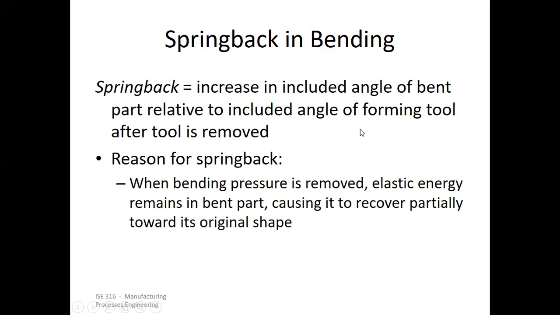Once after performing the operation, either bending, forming, or drawing, once the tool is removed, there is still some strain. Some of the plastic deformation that was caused is not completely there. It tries to return back as well.